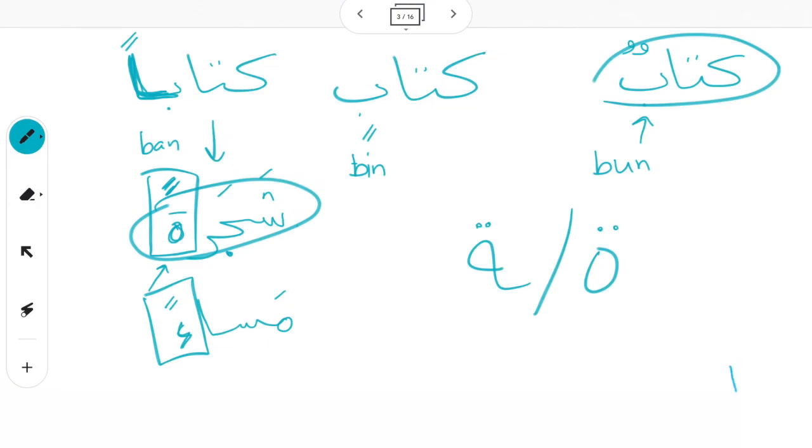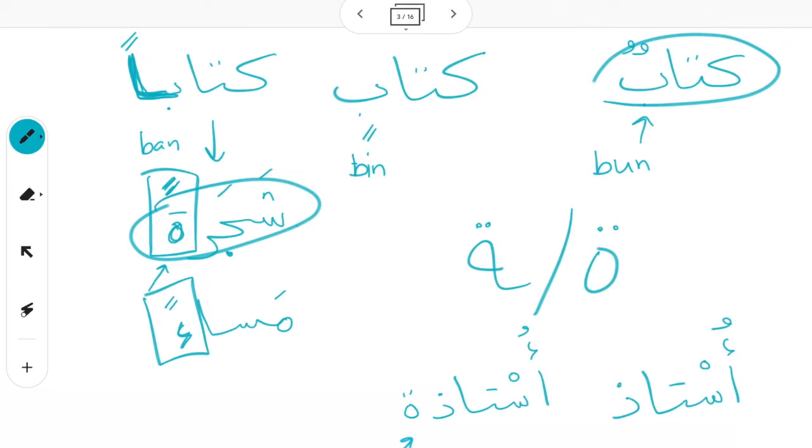So for instance, you should know this word, ustad means teacher. If I want to make it feminine, I simply add a ta' marbuta to the end, ustada.